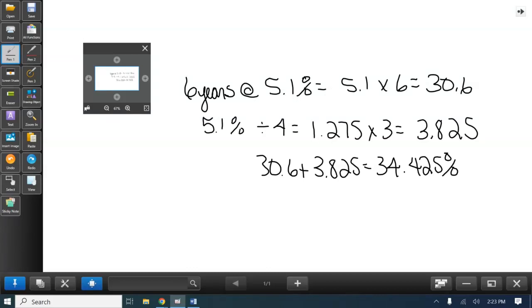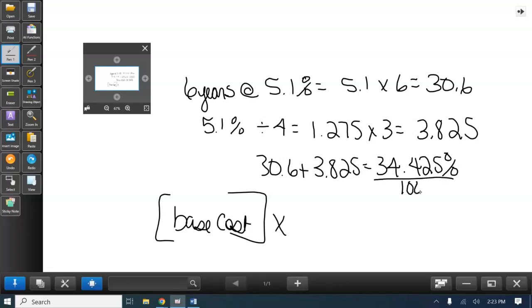All right, when we're getting your base cost, let's say this is your base cost. You can just multiply it. Remember how we did the easy way? Divide that by 100, which gives me 0.34425.